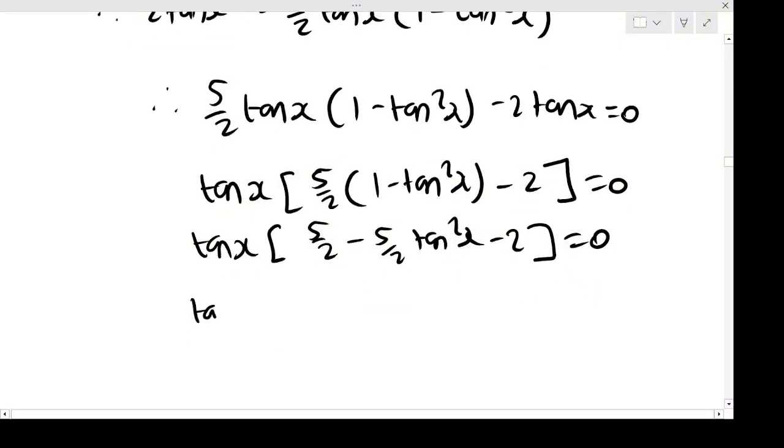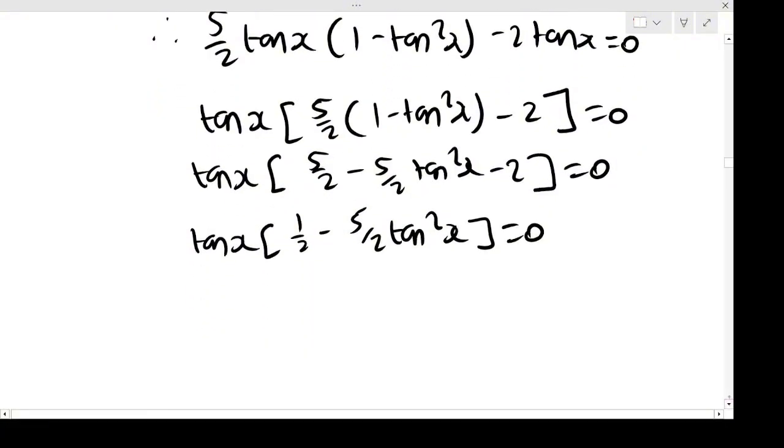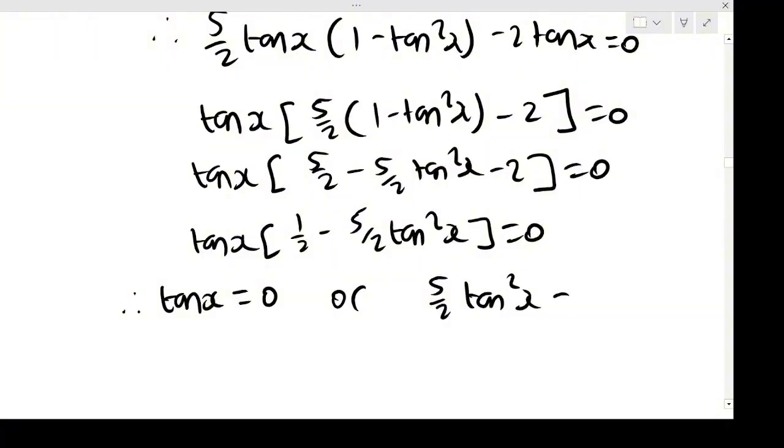That simplifies finally to tan x lots of a half, take away 5 over 2 tan squared x, to be 0. And so that means either tan x is 0 or 5 over 2 tan squared x is equal to a half. Hopefully happy with that.